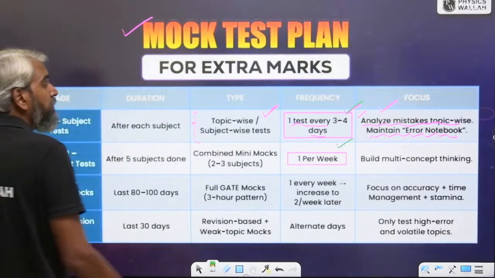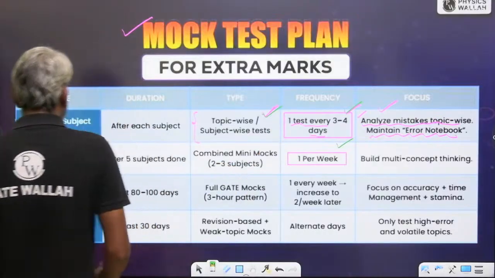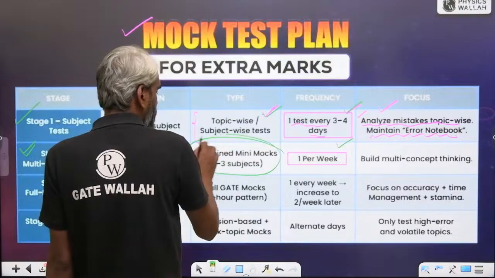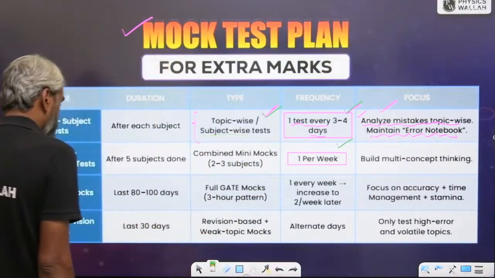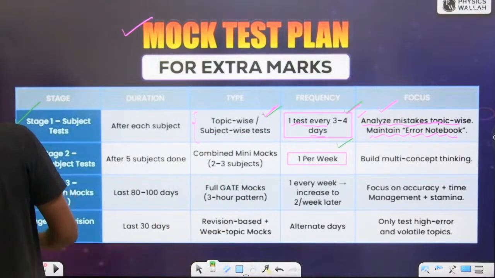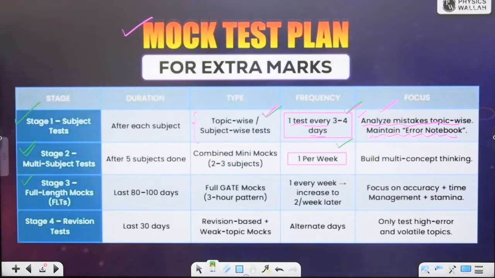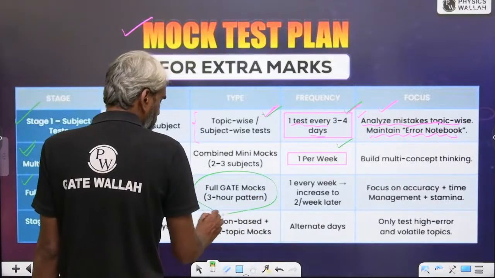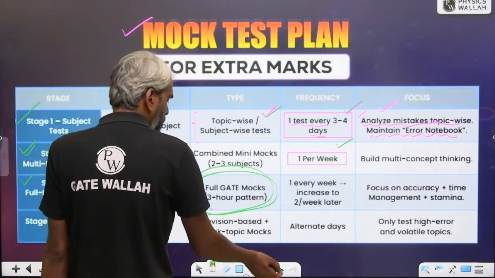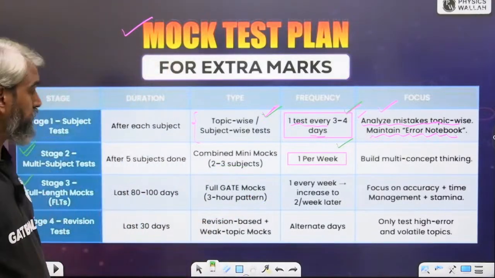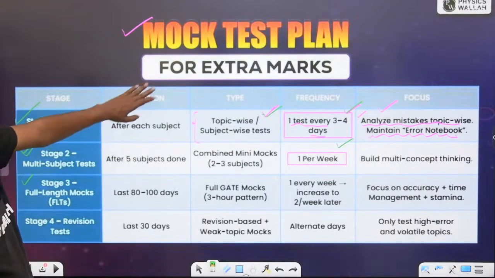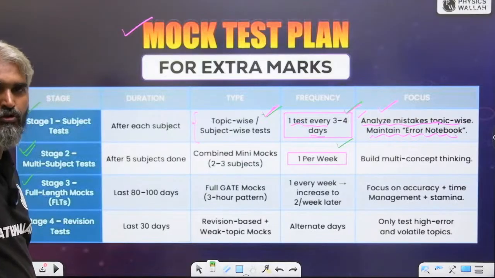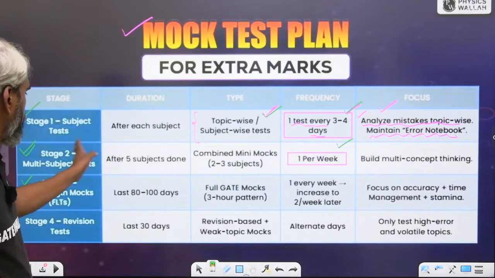So first of all, subject wise test. Then phase 2 will be a combined mock test of 2 to 3 subjects. Then when you are equipped with the jumbling of 2 to 3 subjects, try to jumble the questions of all the subjects of the GATE syllabus. When you are done with 4 to 5 subjects, you can actually go into stage 2.